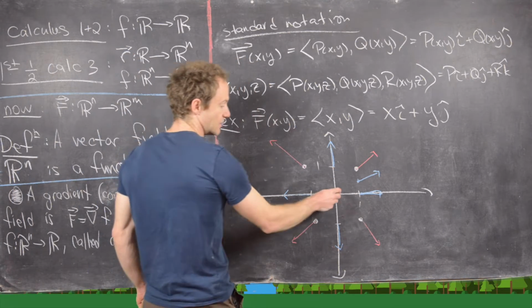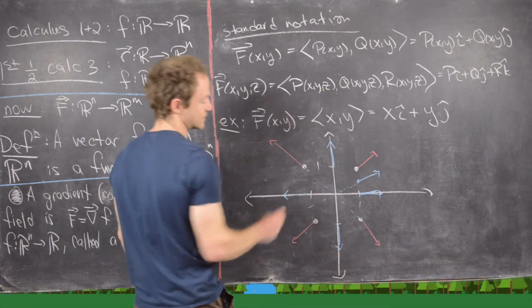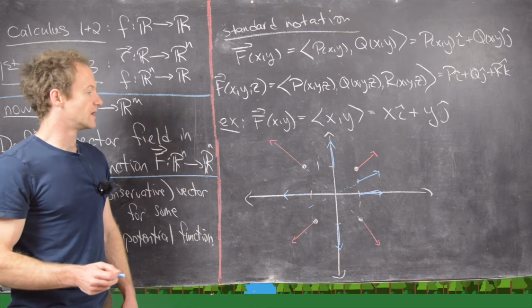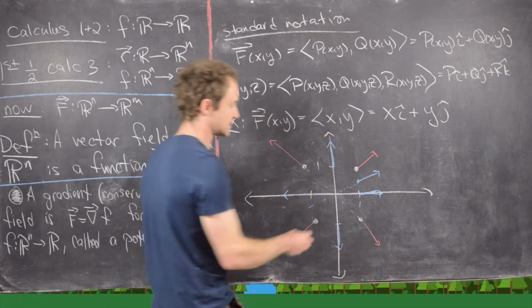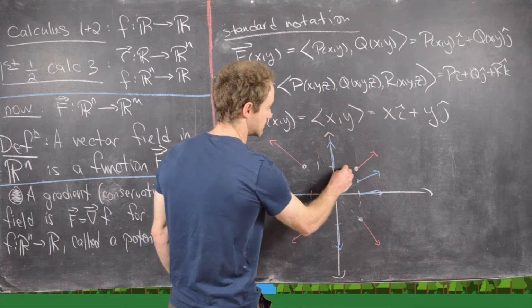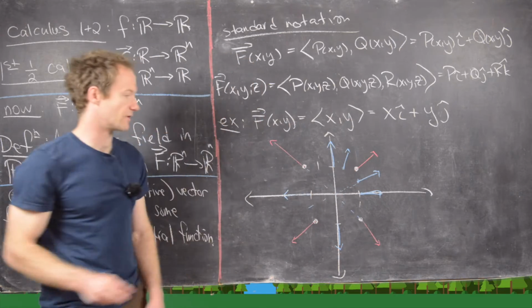Good. And notice that all of these vectors lie on lines radially emanating from the origin. So we'd have another one right here pointing up that way. Okay, great.